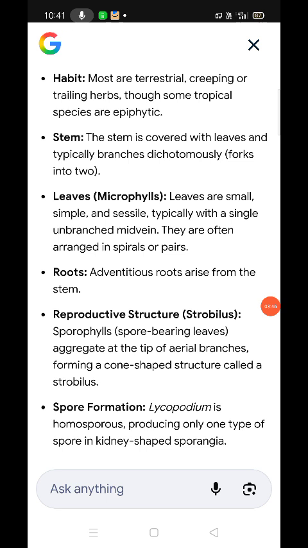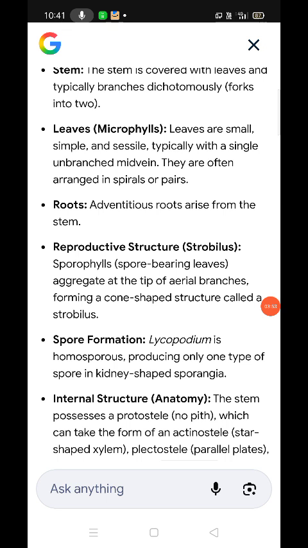Now, in a strobilus the spore formation takes place. Lycopodium is homosporous, producing only one type of spore in kidney-shaped sporangia. So the strobilus has sporangia, and in the sporangia the spores are produced, which are very small structures.